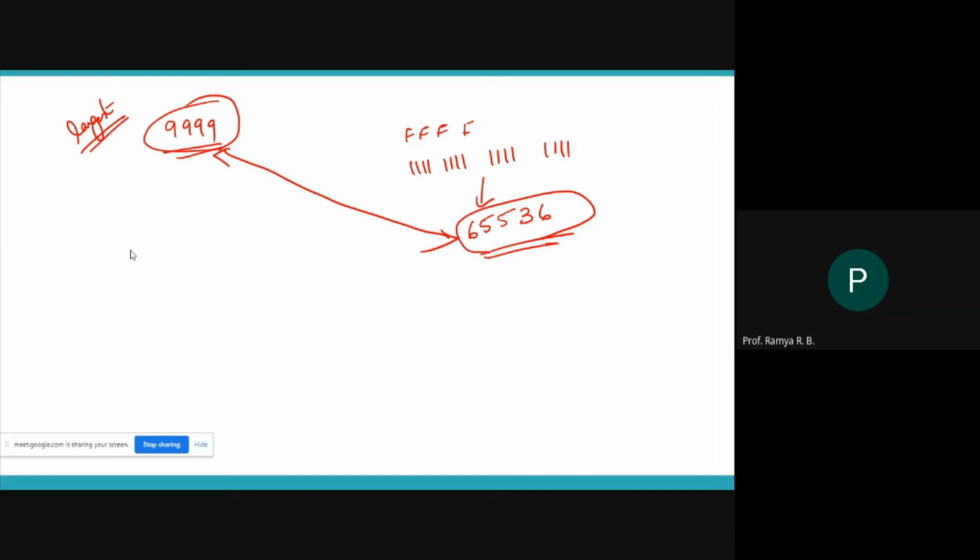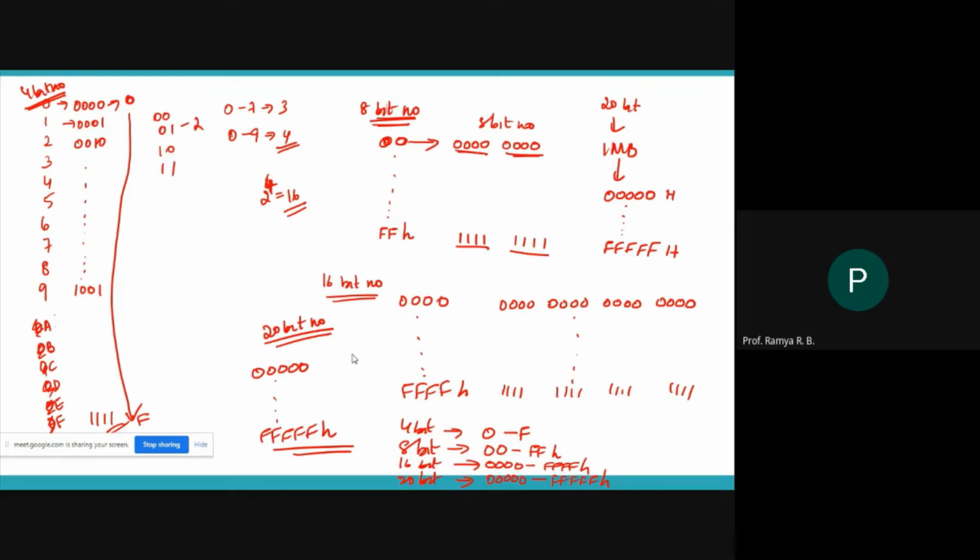Obviously hexadecimal, right? Because if you are using the decimal number system, then your salary would only be 9,999 rupees. But if you are getting a 4-digit salary in the hexadecimal system, look at the scale of increase in your salary. And that is the reason why we are using the hexadecimal number system inside the computer.